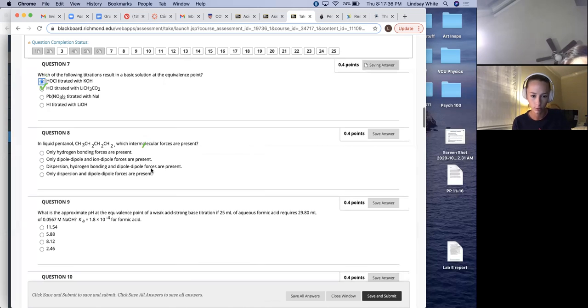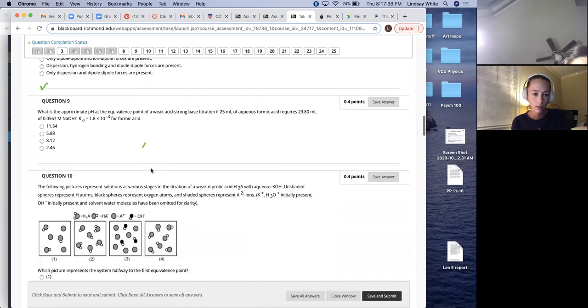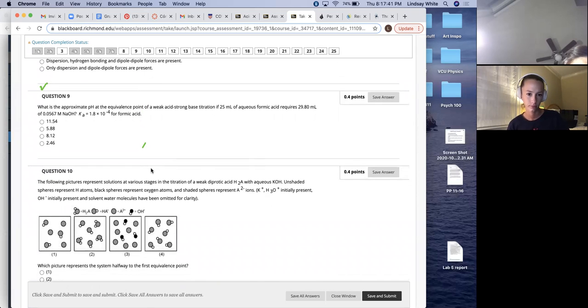And then this is intermolecular forces. For formic acid. So weak acid and a strong base.